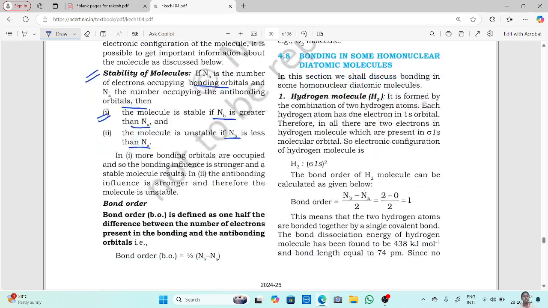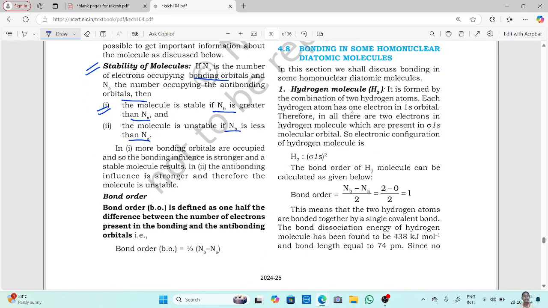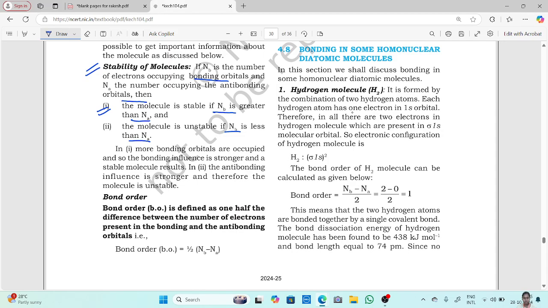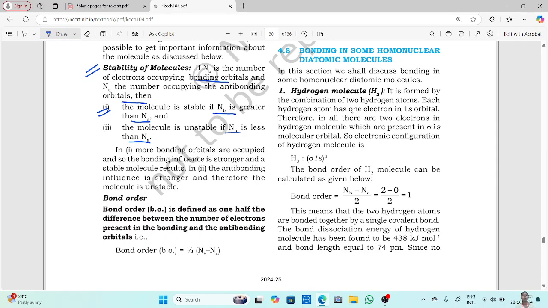Now, the more the bonding orbitals are occupied, the stronger the bonding influence is, and the result is a stable molecule.